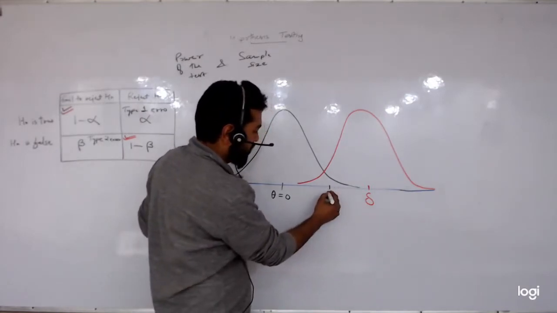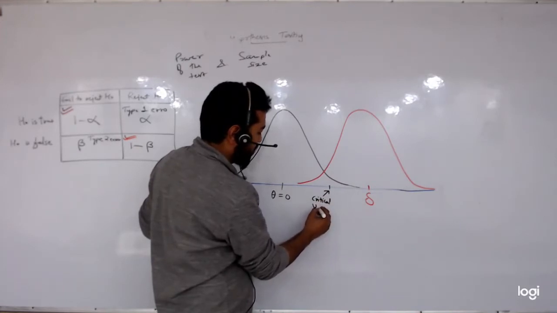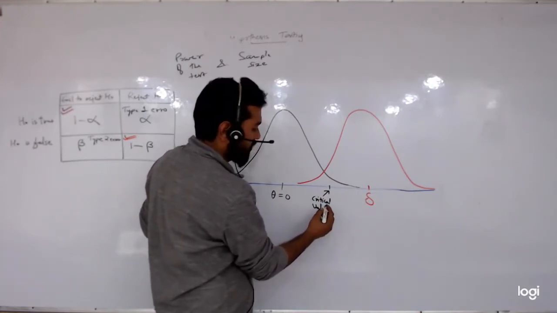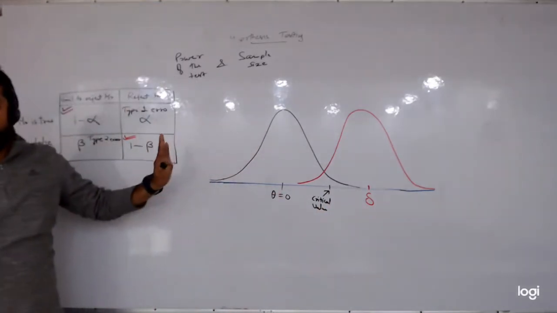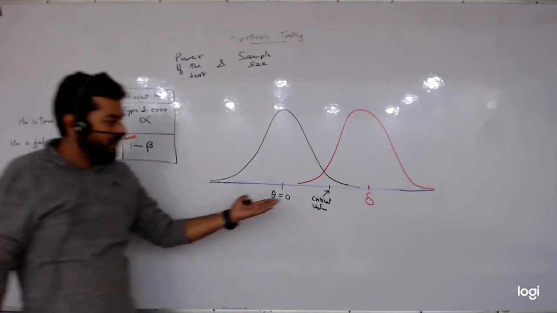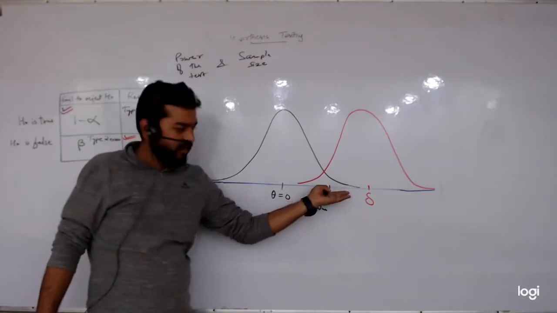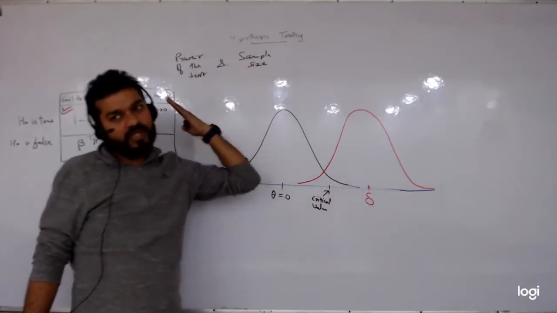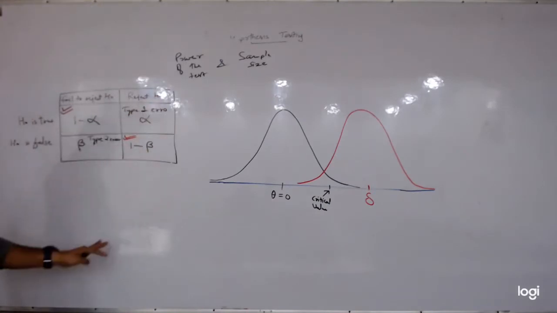Say this was our critical value and to the right the rejection region. This is our procedure. Ideally, then the value calculated using the sample should lie here, somewhere close to here, and we should be able to reject H0.